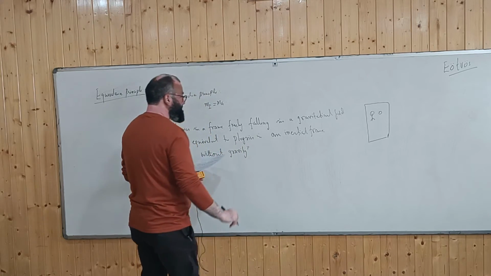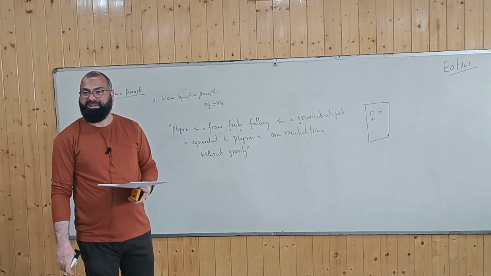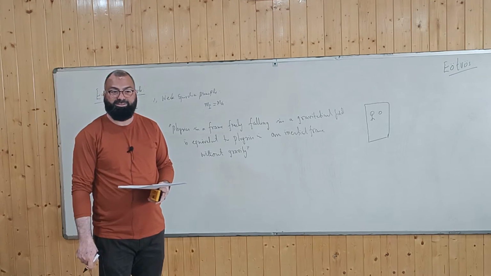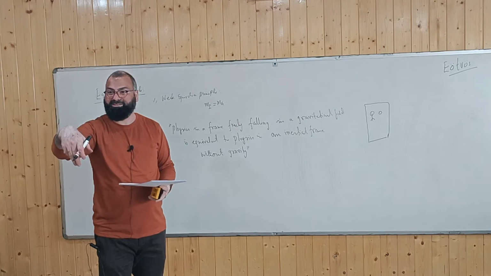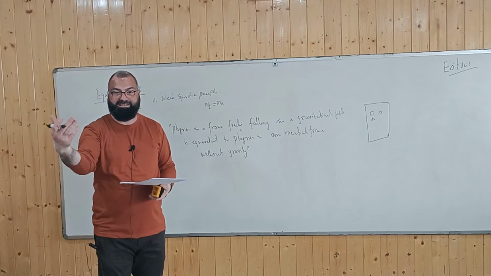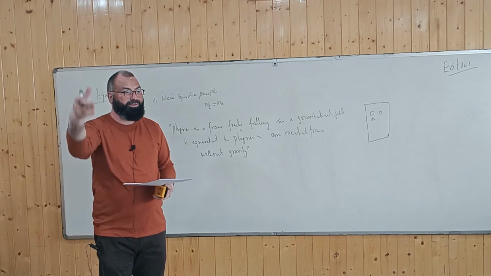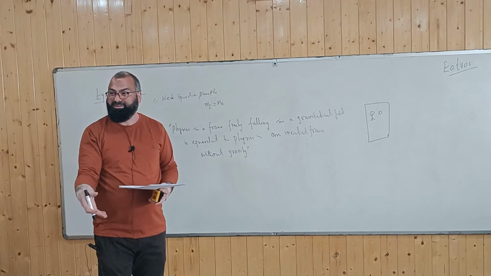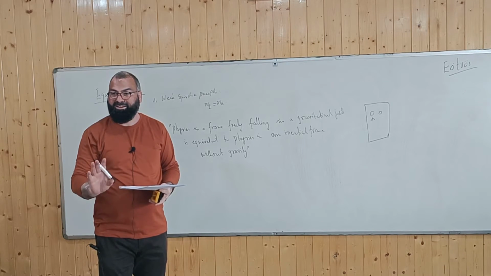This is very important. Got it? Because for the freely falling observer, you don't have gravity. Gravity and the acceleration are cancelled. You can think of free fall as the inertial observer without gravity. Clear?